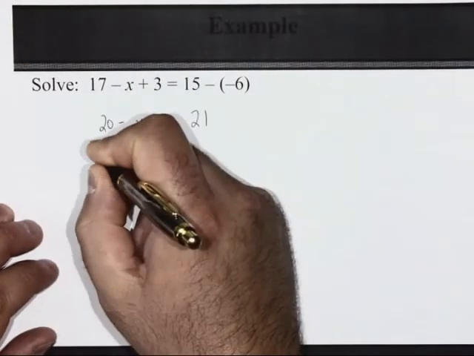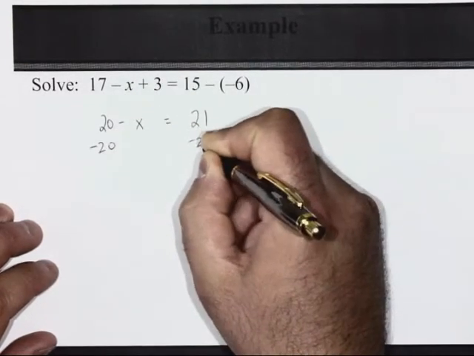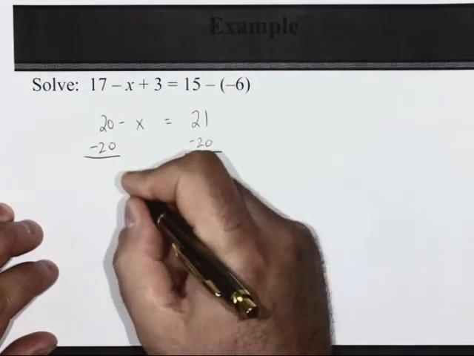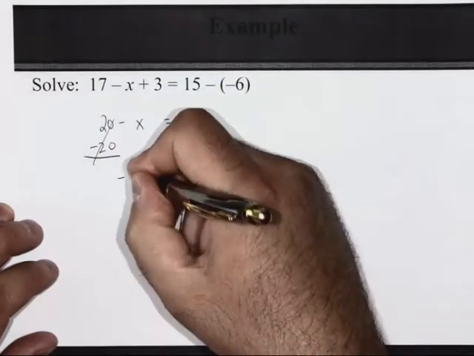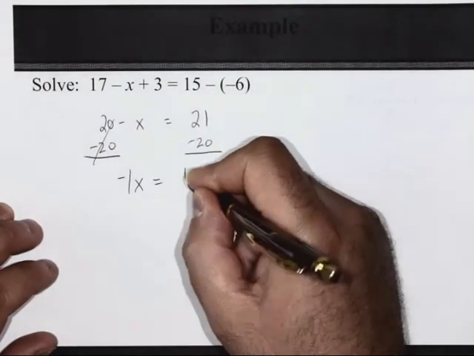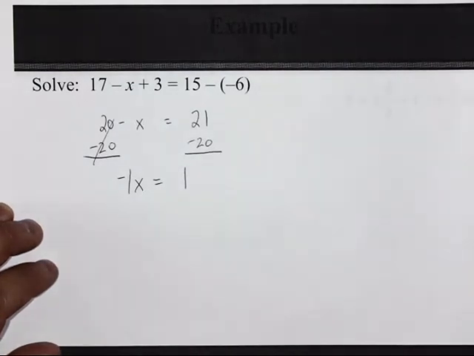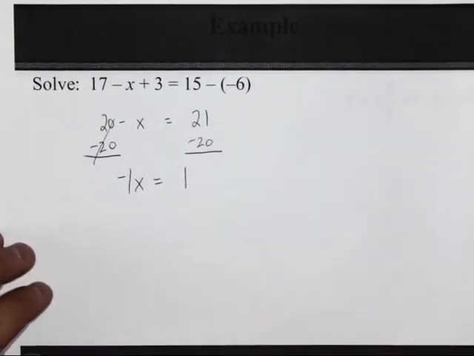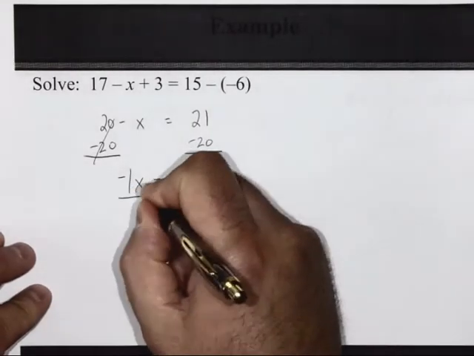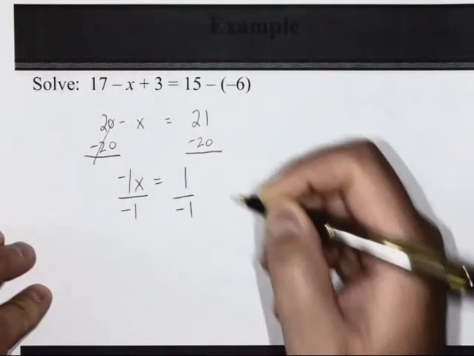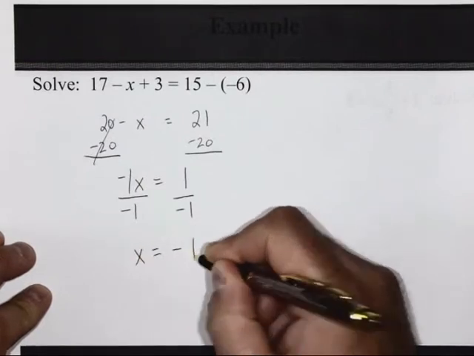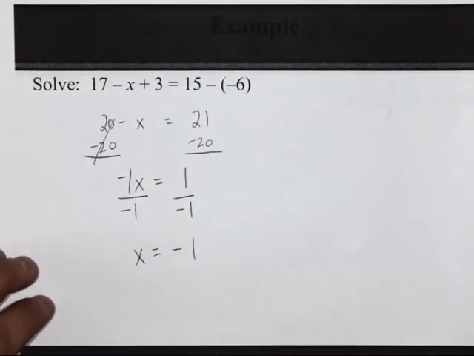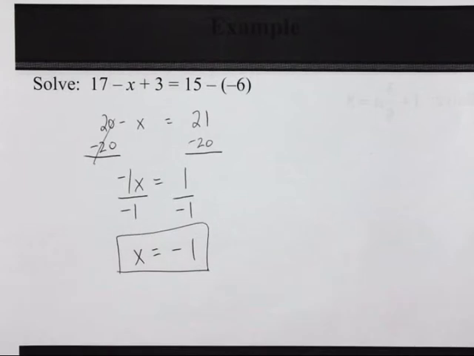This is a positive 20, so I'm going to subtract that from both sides to cancel that out. So I get negative x, or negative 1x, equals 1. 21 minus 20 is 1. Then we want to finally use the division inverses. Divide both sides by negative 1, which just changes the sign. So we get x equals negative 1 as our solution.